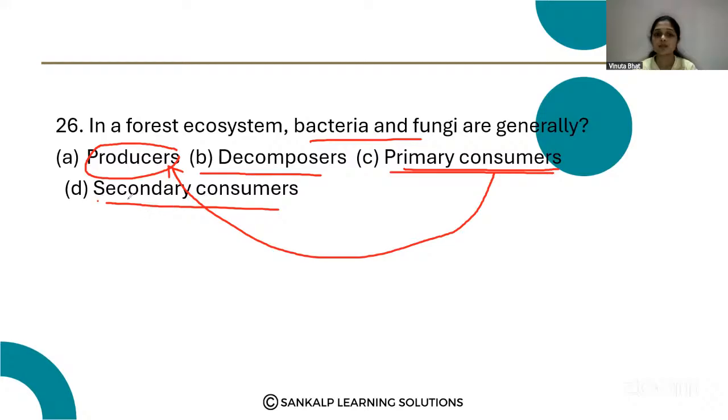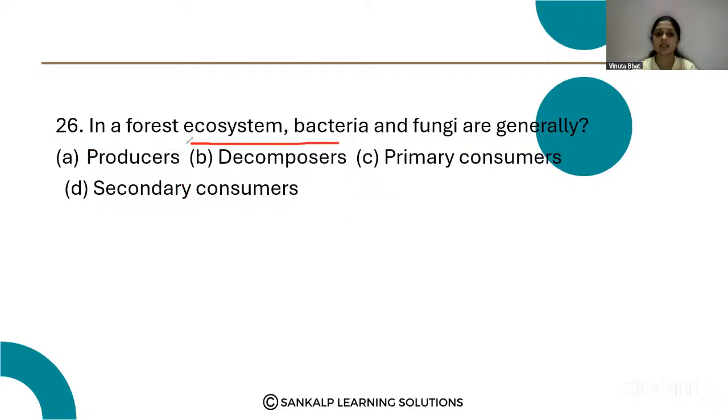Secondary consumers are the organisms which depend on the primary consumers. Bacteria and fungi help in the process of decomposition, hence they are called decomposers. Option B is the correct one, that is decomposers.